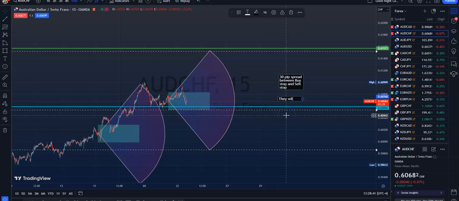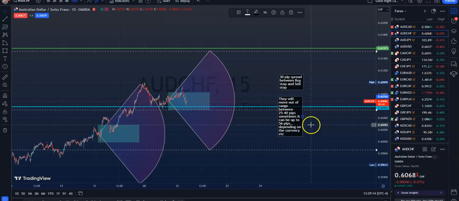they will move out of range between, let's say, like, this is a round number, 25 to 40 pips. Sometimes it can be up to 56 pips, depending on the currency.